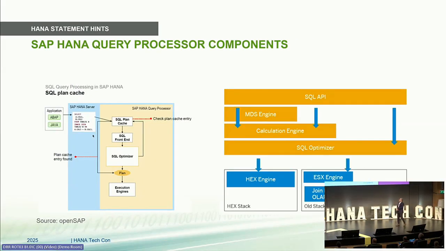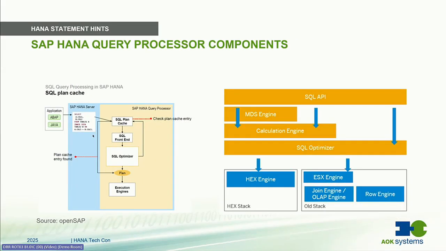I think you have already seen how the HANA Optimizer works. In the previous sessions, we have heard many things about the Optimizer and about hints. When a statement is executed, it is first checked whether we already have this statement in the SQL plan cache.